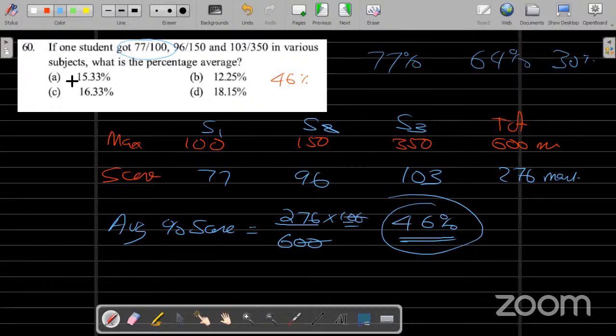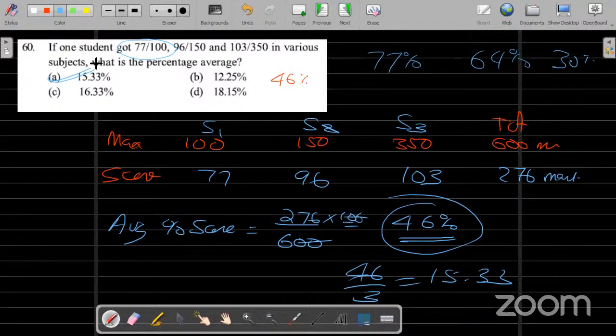Okay, it can never be any of these answers. Actually, what they have done is 46 by 3, that is 15.33, which is not correct. Since the student is getting more than 30% in every subject, for the first subject he is getting 77%.